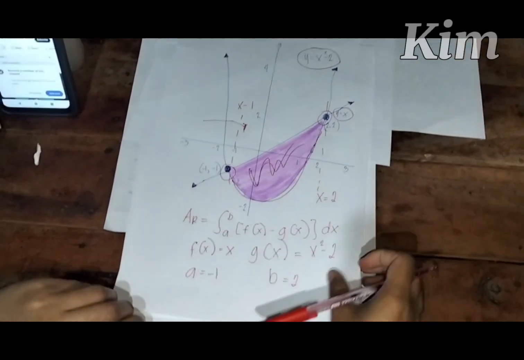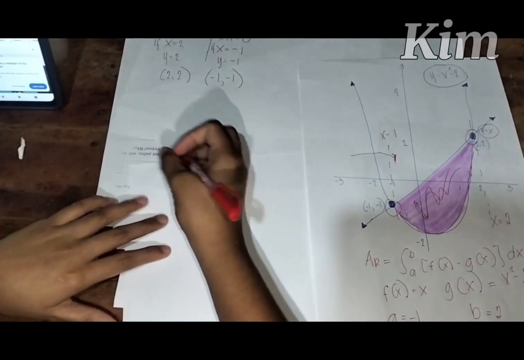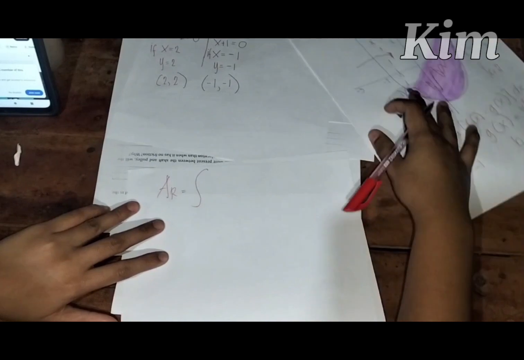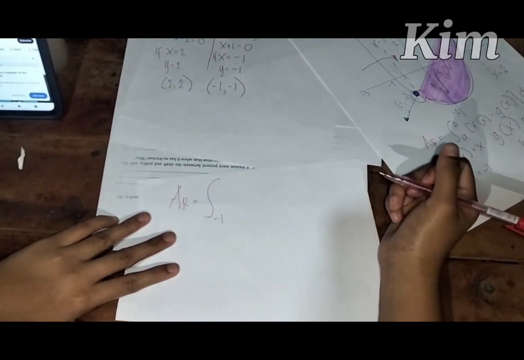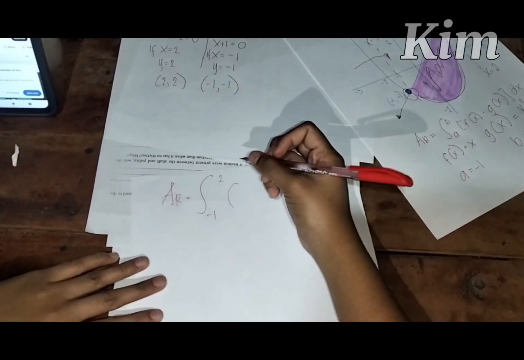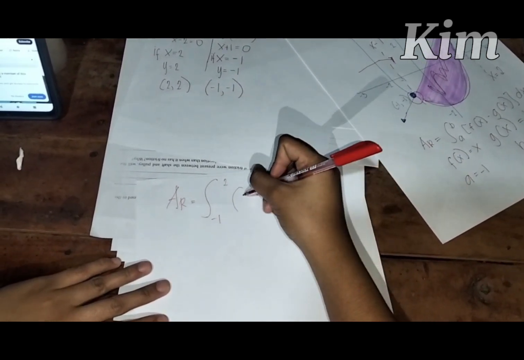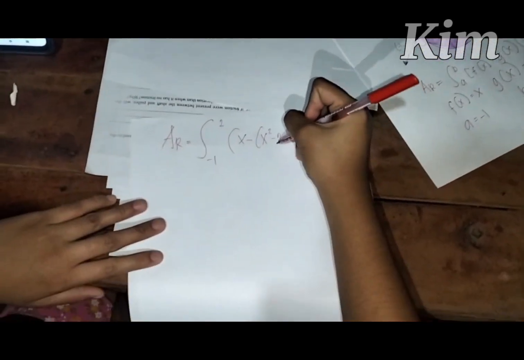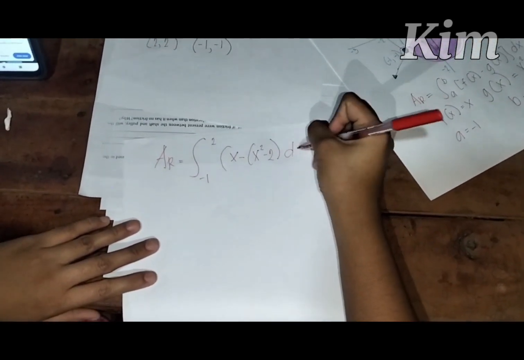By using the formula, the area of our region is equal to the definite integral from a equals negative 1 to b equals 2 of f of x, which is x, minus g of x, which is x squared minus 2, dx. So let's solve this.